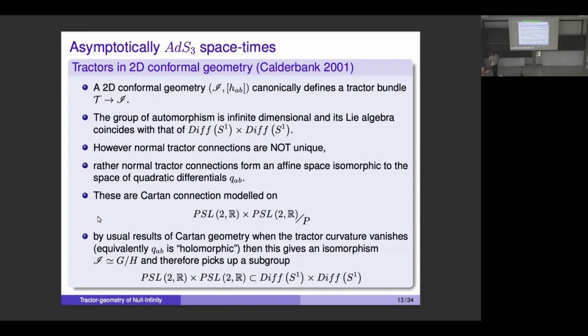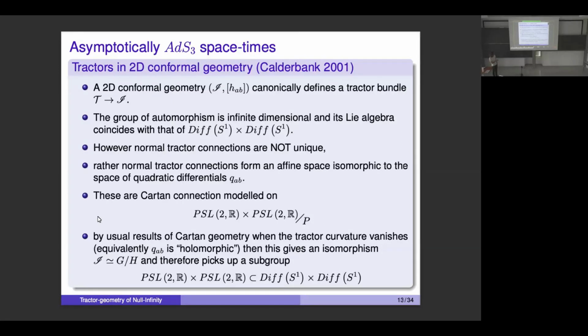How do you know that you can always change your coordinates and make it 0? The answer is, from this picture, clear: this object is just a connection. You compute the curvature. The curvature is the obstruction to finding a system of coordinates where your object is 0.